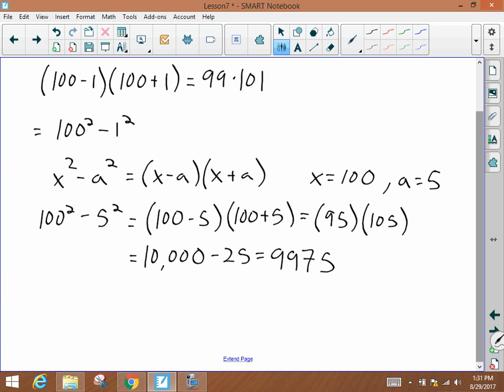But if you were to do 95 times 105, it might take you a little bit longer, unless you use the trick of difference of squares for mental math. How are we using that? It has to be the case that our a is the same. When a is the same, we can use this trick every single time.